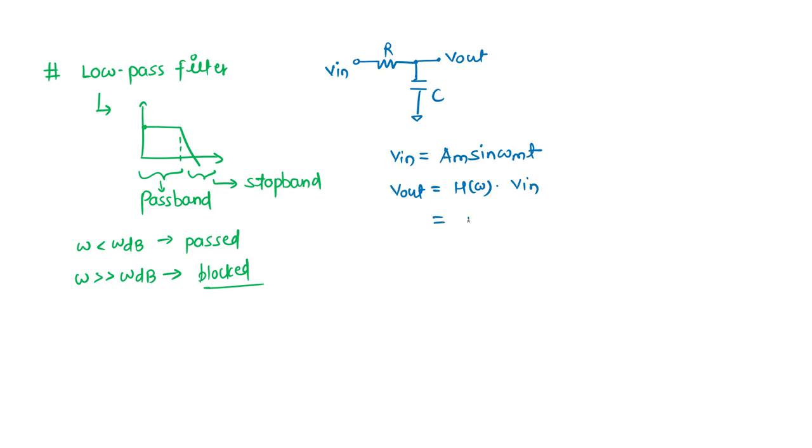So it is H of omega magnitude, and the angle is H of omega angle, times v in. If the transfer function is 1 upon 1 plus RCs, the magnitude is 1 upon root of 1 plus omega square R square C square.